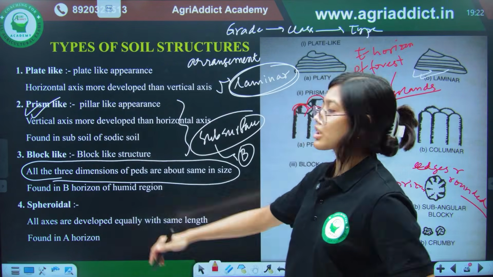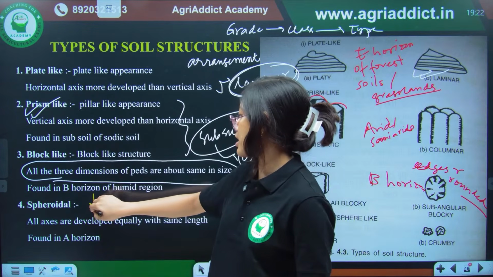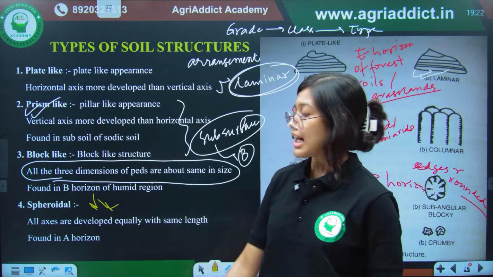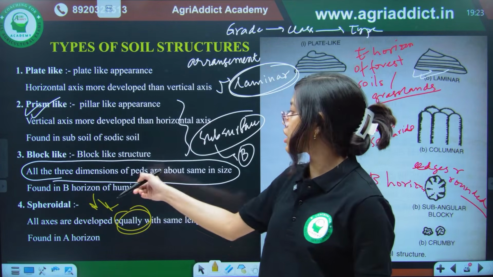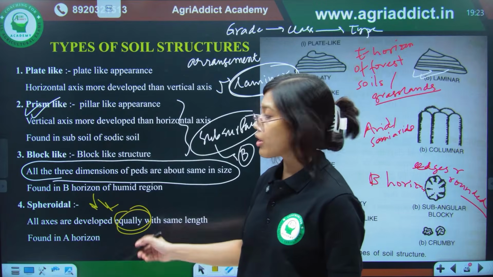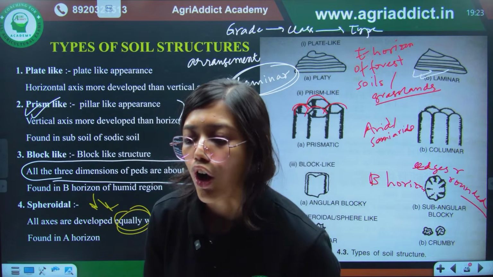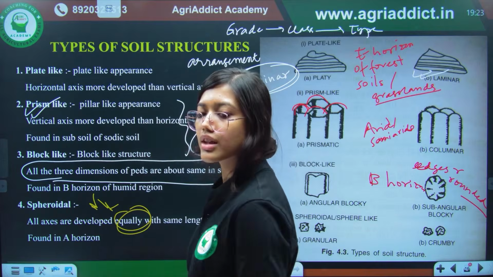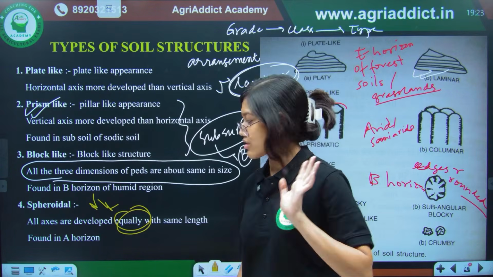Then the fourth one is spheroidal. This type of structure is most important from an agricultural point of view. Why? Here all the axes are developed equally with the same length. So do not confuse it with block: in block we have three dimensions about the same, and in spheroidal we have equally developed axes. Columnar is found in sodic soil, saline, alkaline, even saline-sodic soils as well.